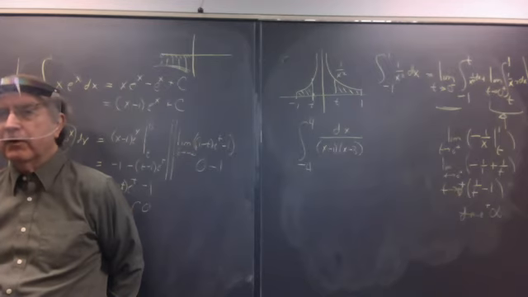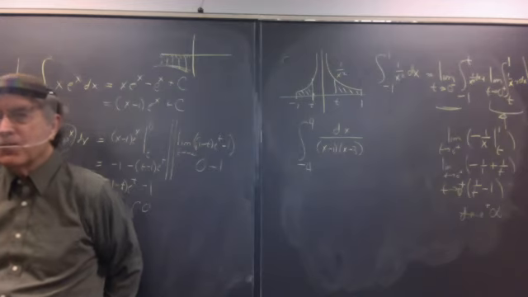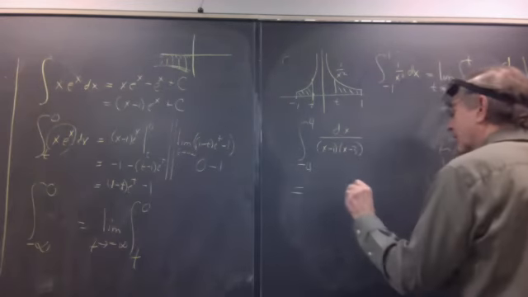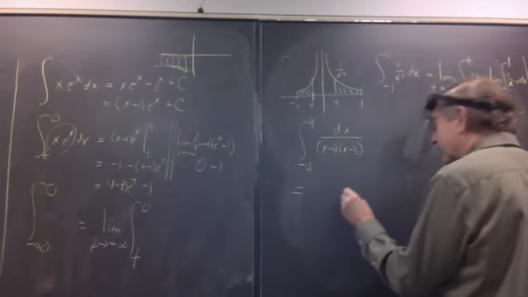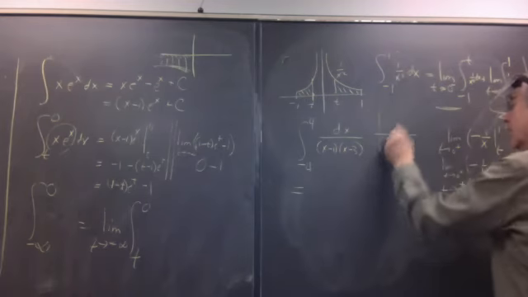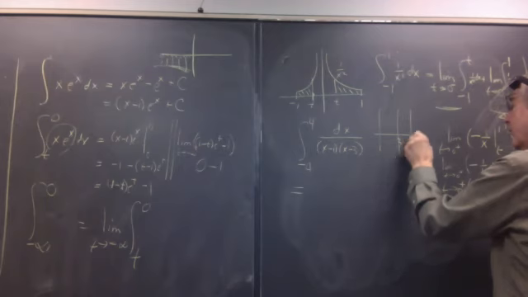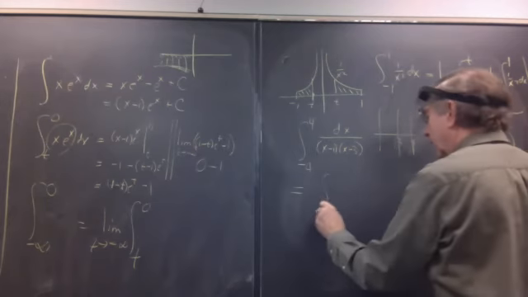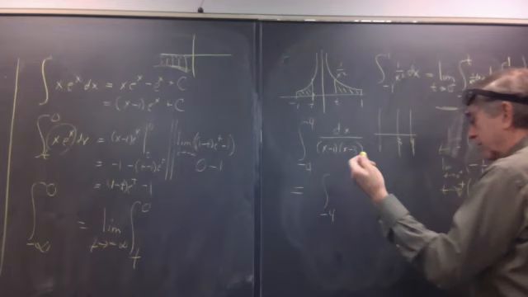How do I do the second one? Well, I erased it, but the second one has problems at 3 and 4. So I'm going to have to write an integral. Now I'm just going to write down things first.